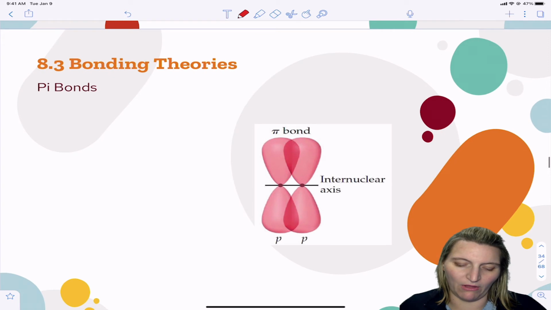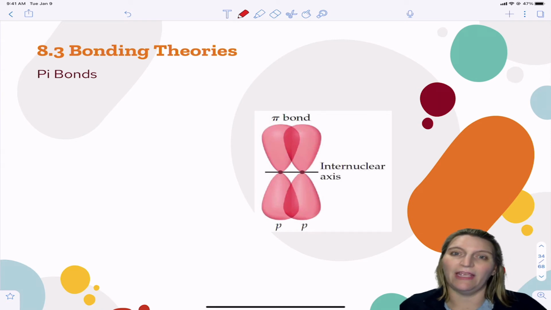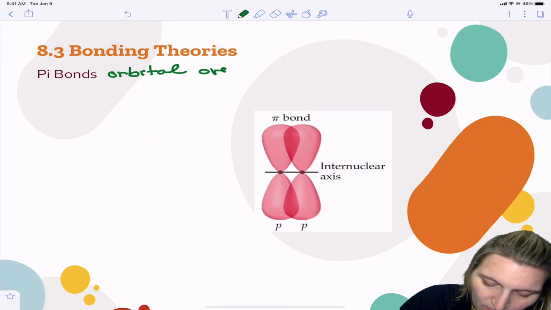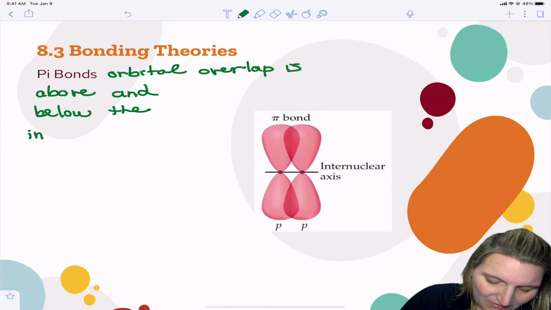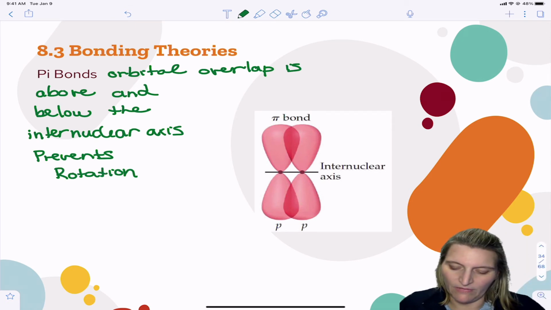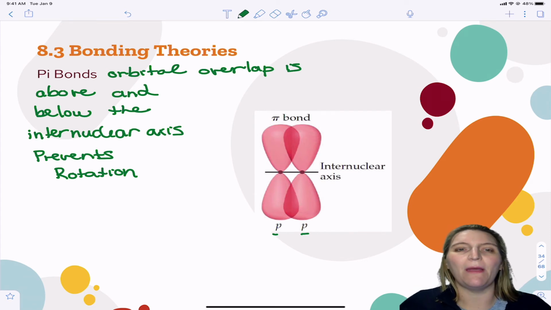What is a pi bond? A pi bond is where the orbital overlap is above and below the internuclear axis. It stops rotation. So rotation can now not occur when you have a pi bond. So what you see here are two p orbitals, and pi bonds occur with p orbitals.